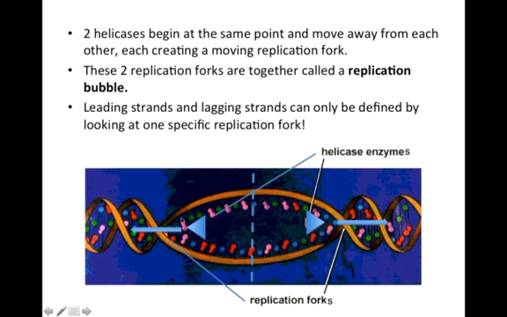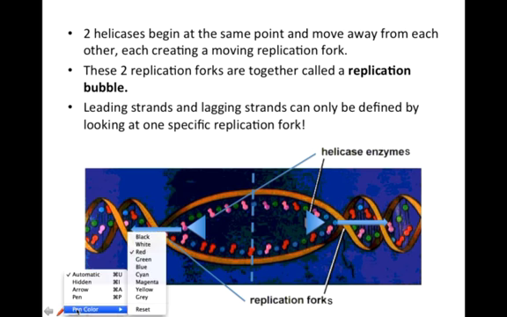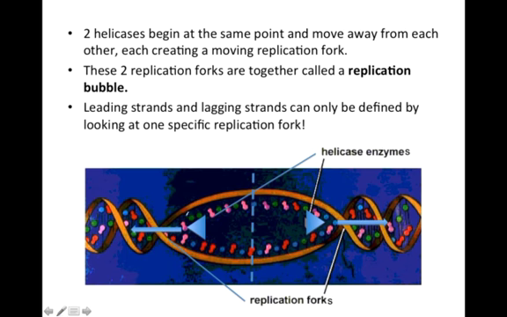So if this over here is the leading strand, let me go ahead and write this in, if this is my leading strand, going in this direction right here, that would make this 5 and this 3.